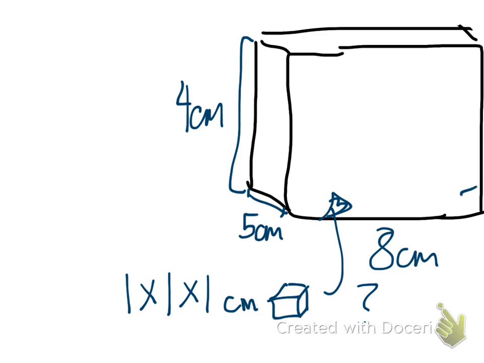If I were to fill this up with these little blocks, I could do a row across the bottom. It's actually a lot harder to draw than I thought it was going to be.